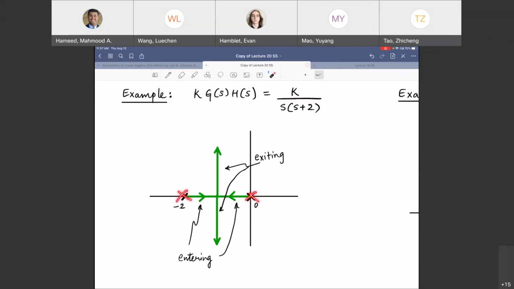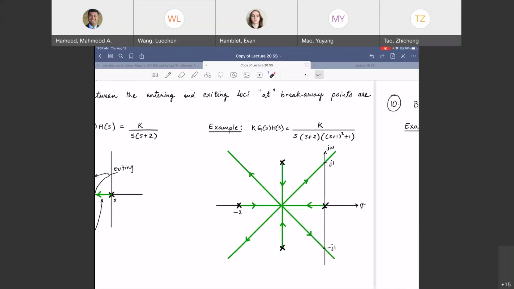The root locus will come together, no, yes, no, yes, and then exit. When it exits, it will exit at equal angles. The only way to do that with two of them is pi over 2 and negative pi over 2. So it enters at equal angles and exits at equal angles.